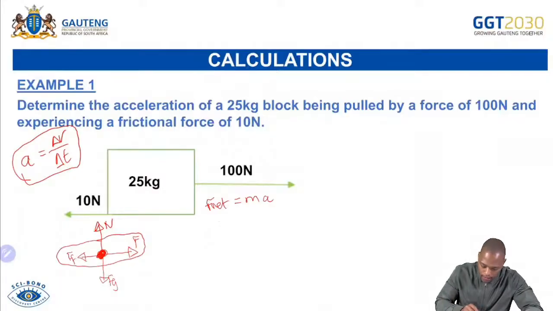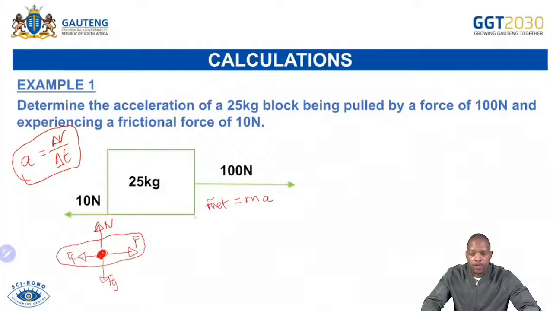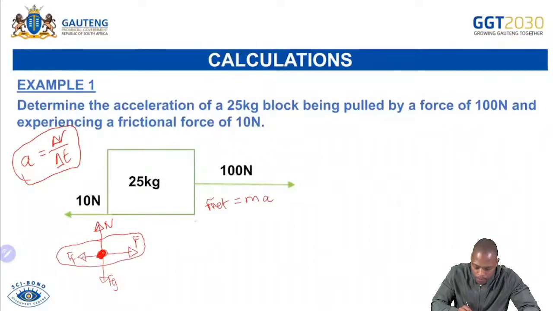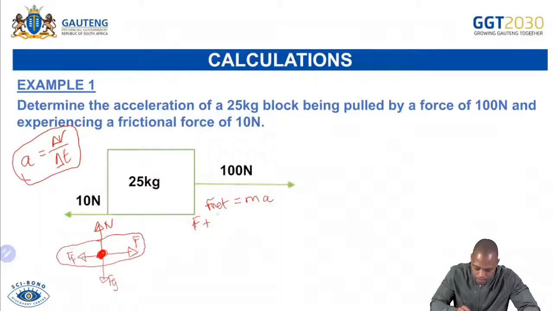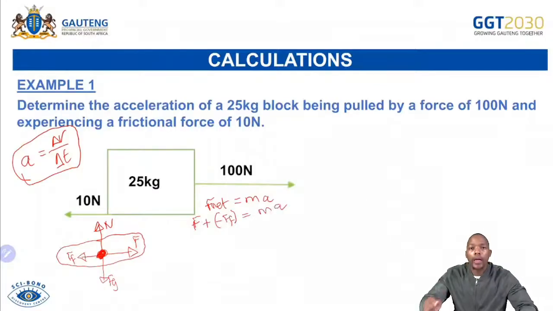So my F net is going to consist of the force applied, which is facing in a positive direction if you take right as positive, as I always do myself. So it's going to be F plus, adding another force, I only have F here, and I also have Ff. F plus a negative Ff, and this is equal to ma.